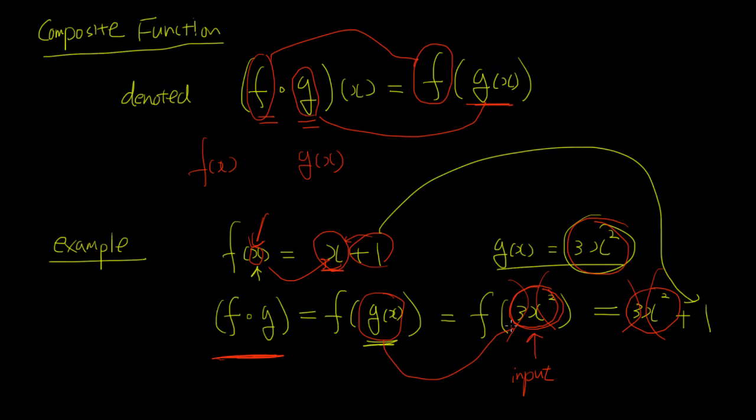So instead of writing x, we are writing 3x to the square. What are we supposed to do when we have something like that? Just replace x by this, the same input value. So what's our answer? Our answer for this is 3x squared plus 1. Well, that's not too horrible, right? That's not too bad.